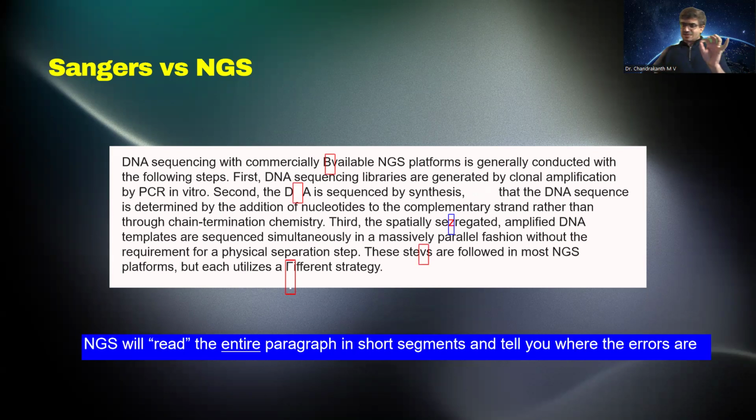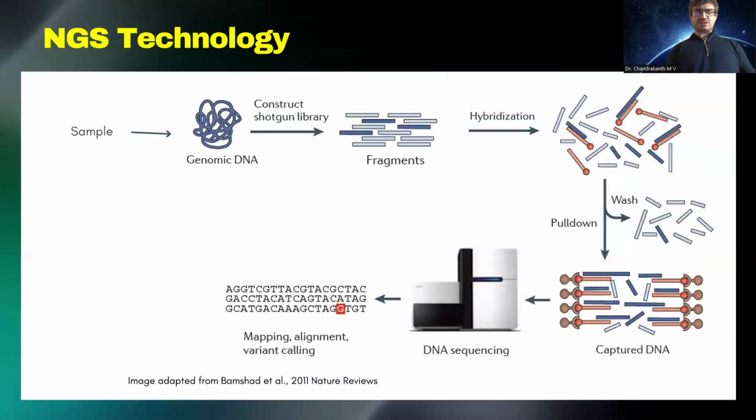This is called sequencing. Okay, what do we do in NGS? In NGS, we cut each line. Okay, and we amplify each line and give it to other people to read. This is called as massive parallel sequencing. That is, I cut each line and I give it to each individual so that each individual reads it multiple times and fixes the problem.